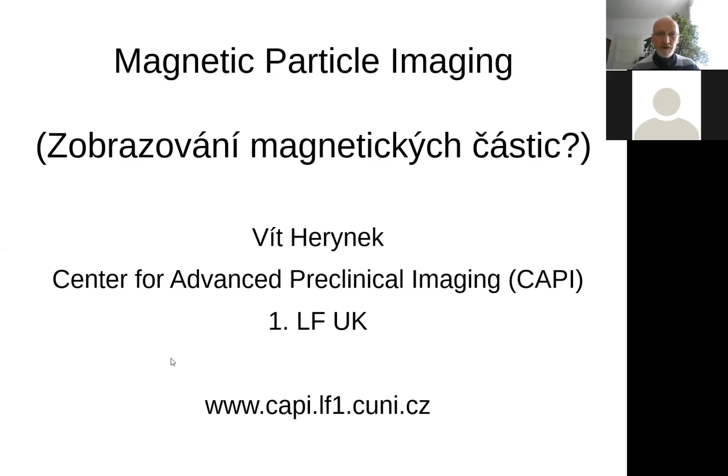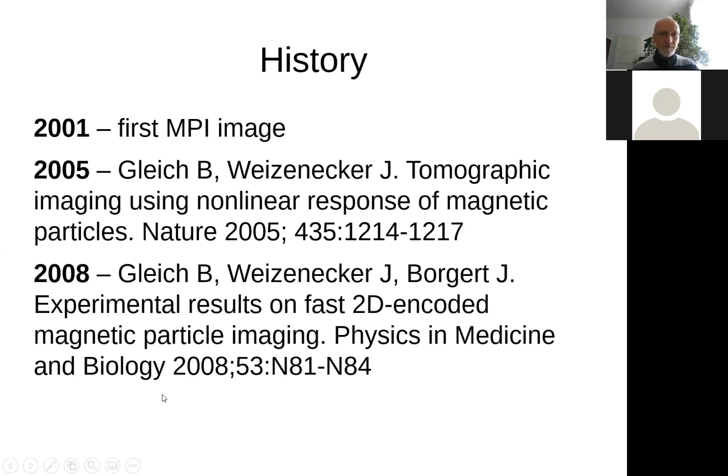So starting with some history. The first MPI image was presented about 20 years ago. In 2005 a paper was published in Nature, which presented a novel tomographic method for imaging using magnetic particles.